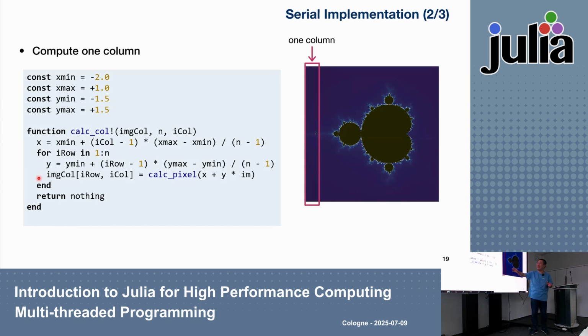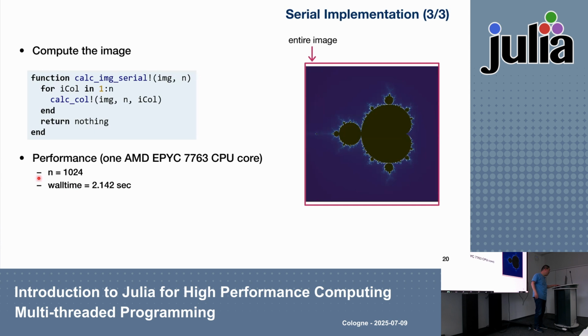Anyway, you needn't pay attention to the details of the code. Just from a high level, you calculate one column. And at the end of the day, you calculate the entire image, right? This level is very clear.